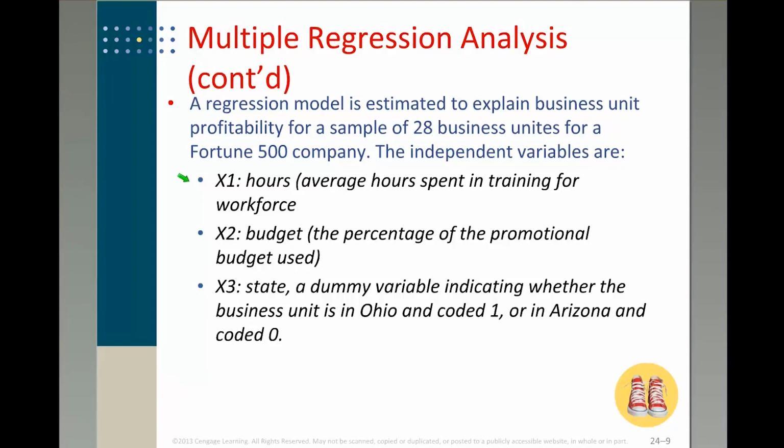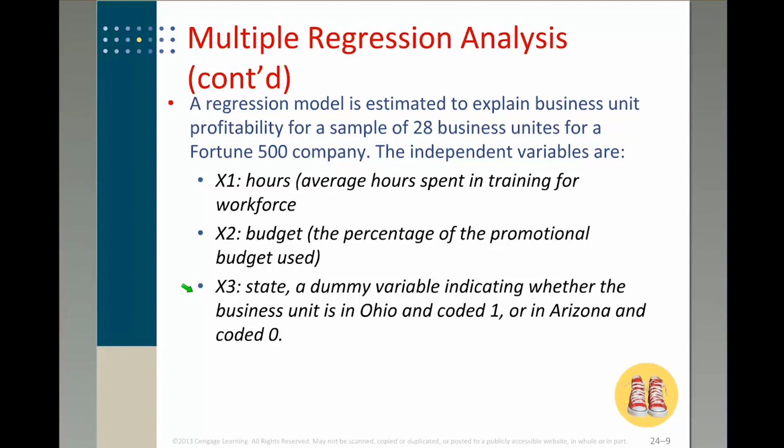Now, if you think about the background once such a regression model is estimated, basically a company or a researcher is interested in finding out the profitability for different business units.